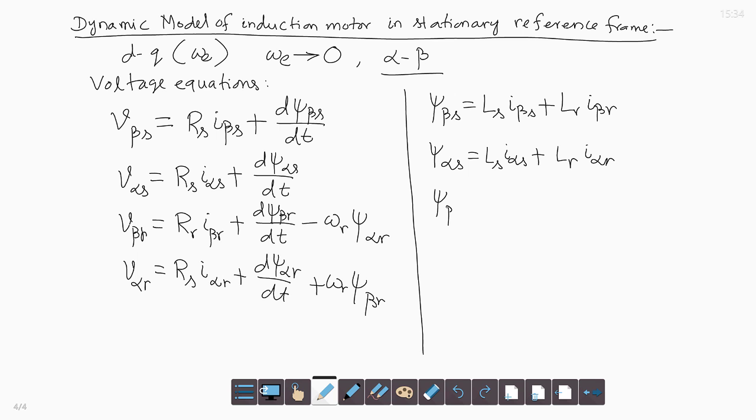Psi beta r is L r I beta r plus L m I beta s, and psi alpha r is L r I alpha r plus L m I alpha s.